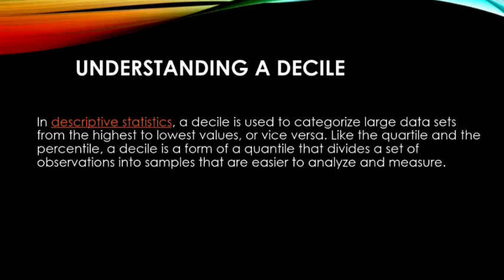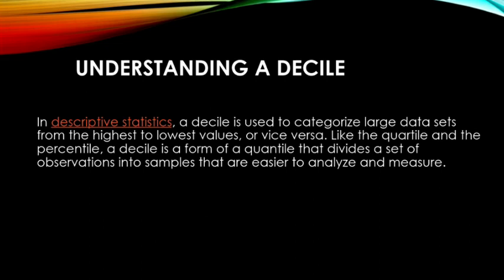In descriptive statistics, a decile is used to categorize large data sets from the highest to lowest values or vice versa. It could be highest to lowest or lowest to highest values.